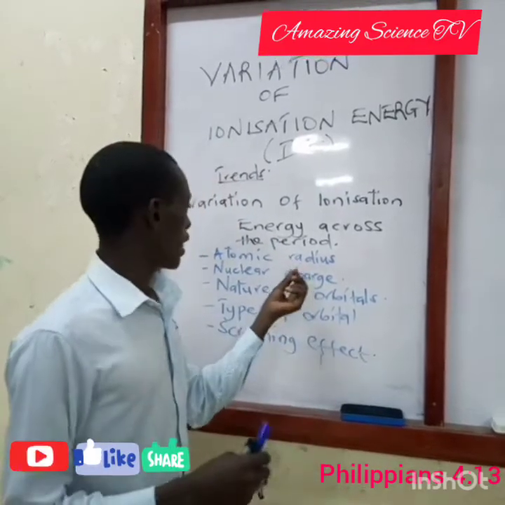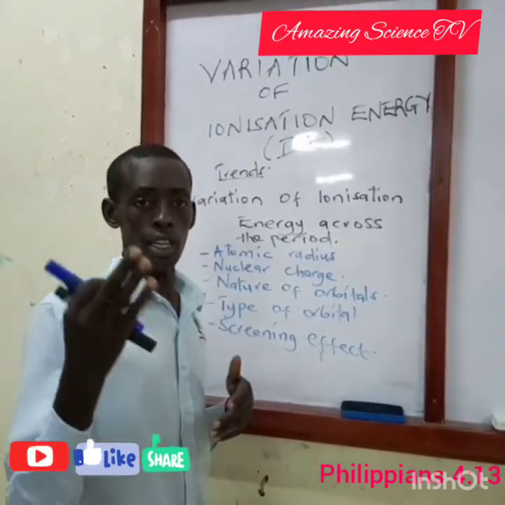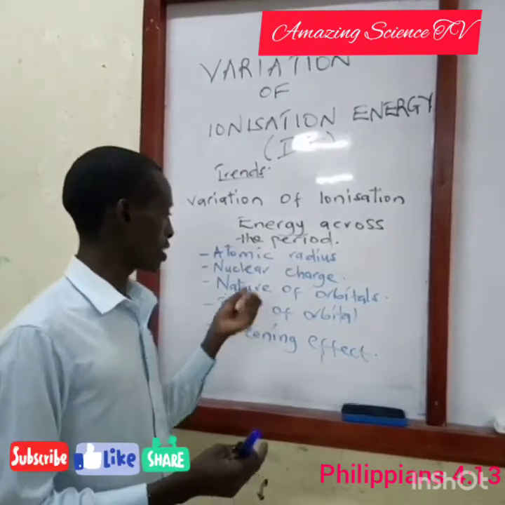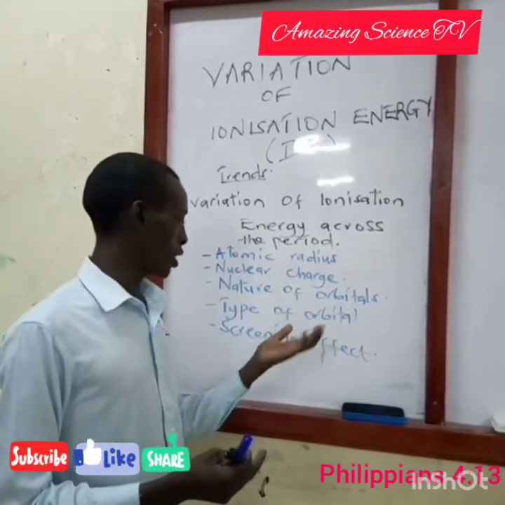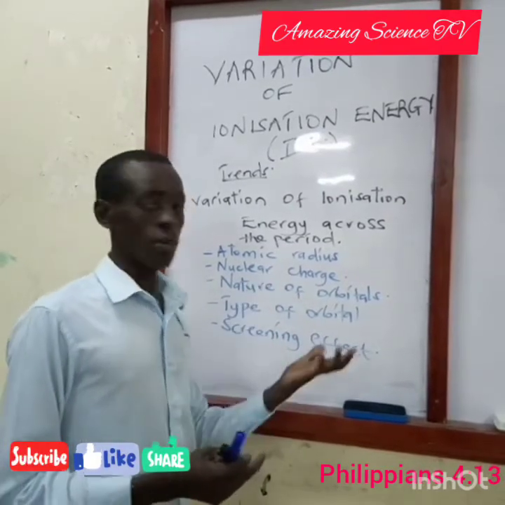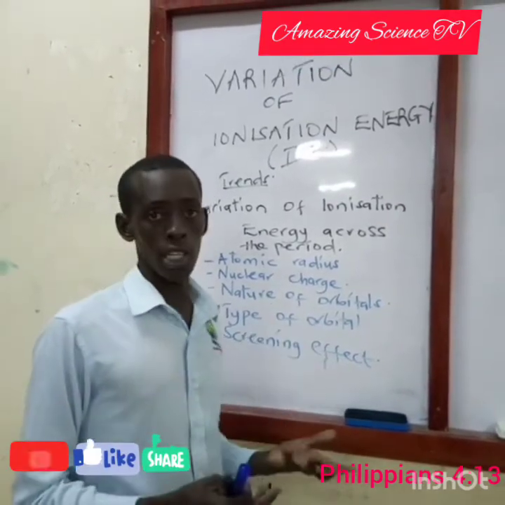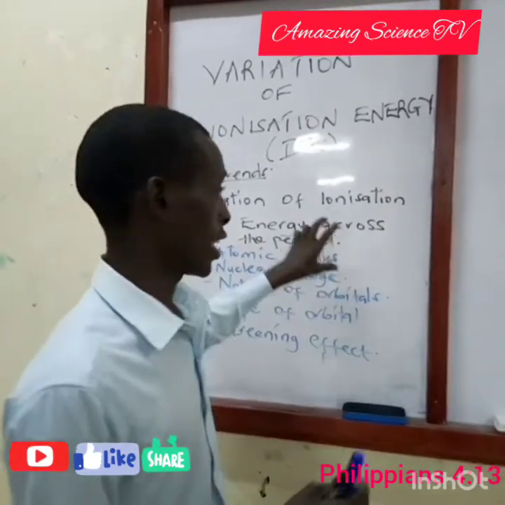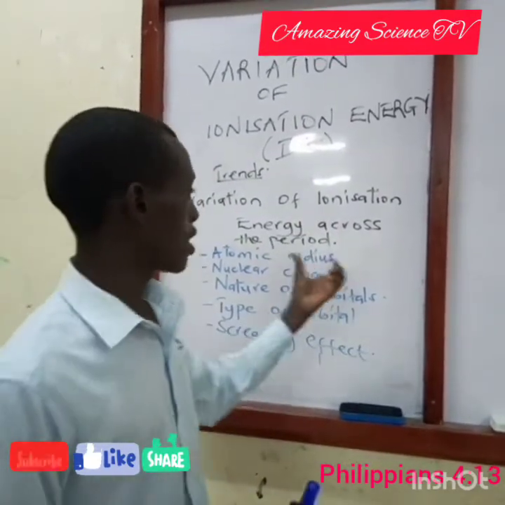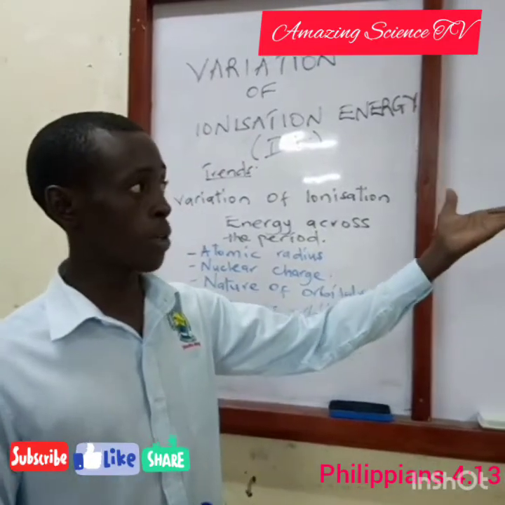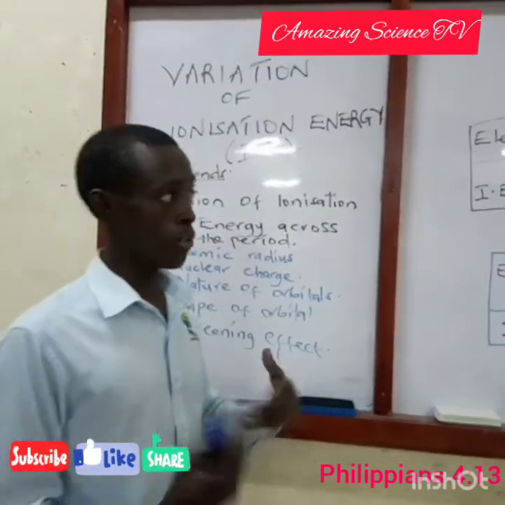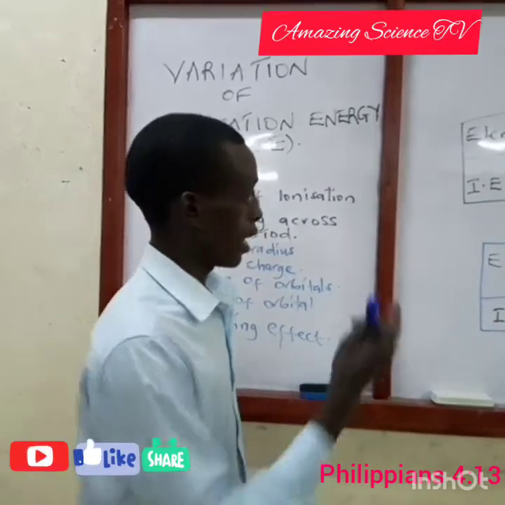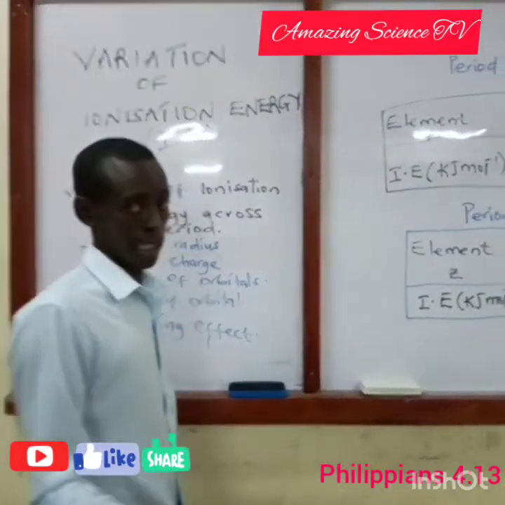We also looked at the factors: atomic radius, nuclear charge, nature of orbitals, type of orbital, and screening effect. Those were the factors that affect ionization energy. So we are going to see its variation across the period today, and in the next videos we shall look at what happens down the group.